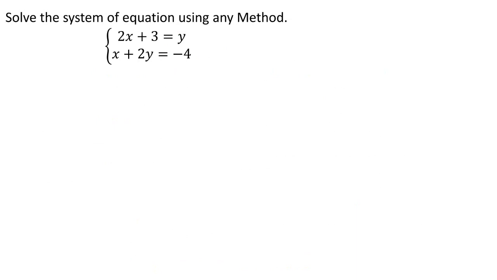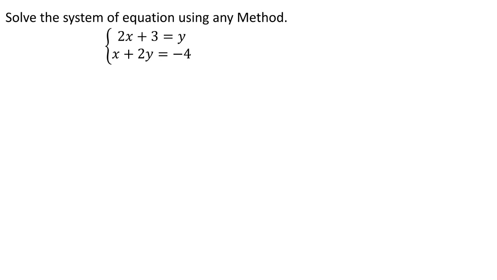It says solve the system of equations using any method. So this is your choice, right? You can pick the substitution method, or you can pick the elimination method. If I look at both equations, I can see that the first equation is already solved for y.